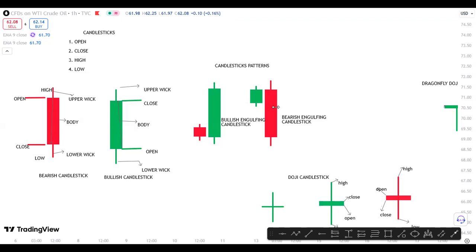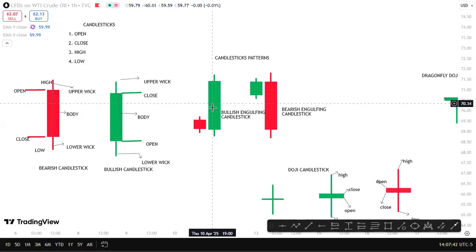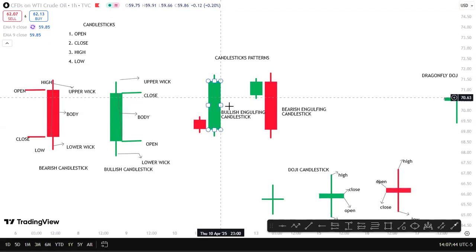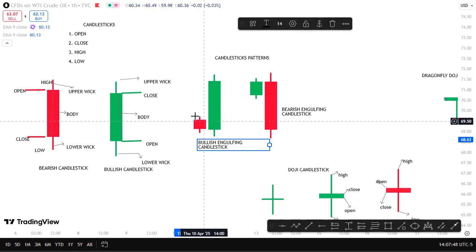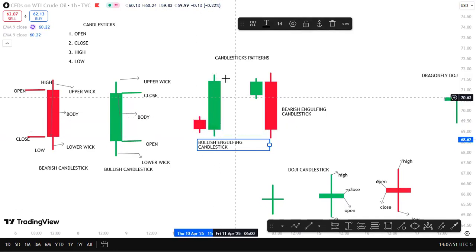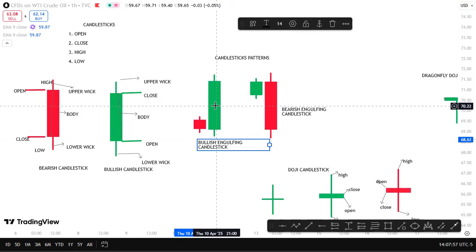Now, the engulfing candlestick is when a candlestick engulfs a previous candlestick that formed. This is an example of what I'm saying. This is a bullish candlestick, and you can see the bullish candlestick engulf this bearish candlestick. You can see it engulf, meaning that it covers it. Most times, a bullish candlestick can even cover 2 to 3 or 4 candlesticks, right?